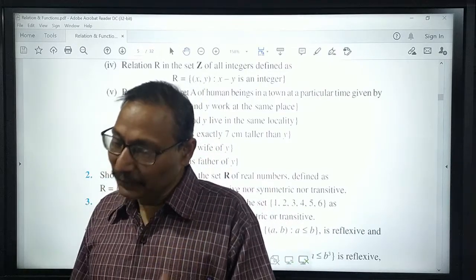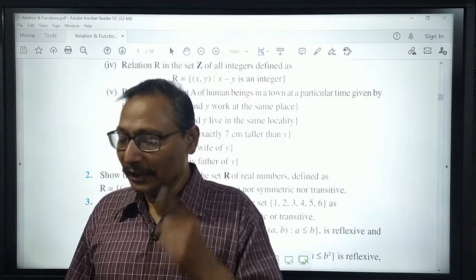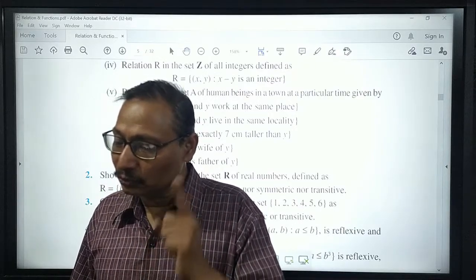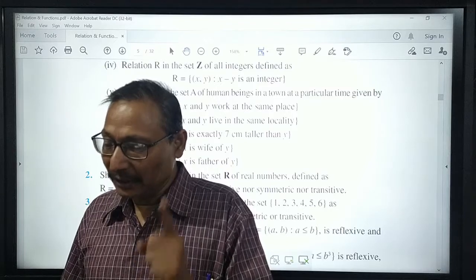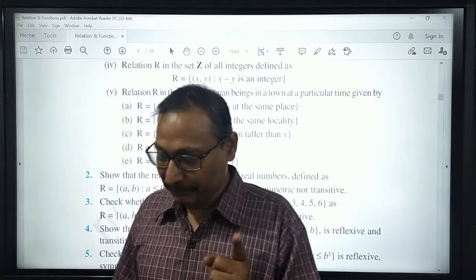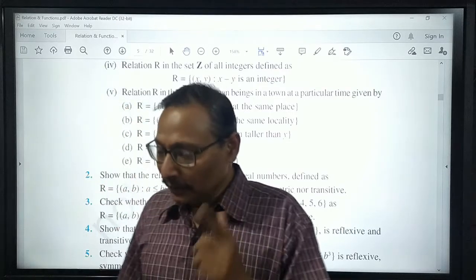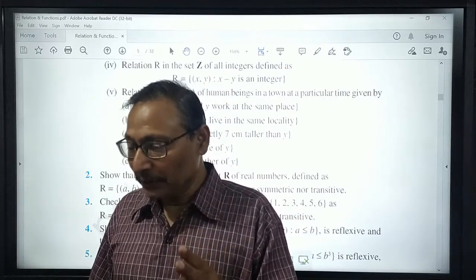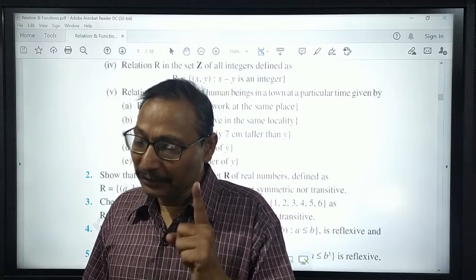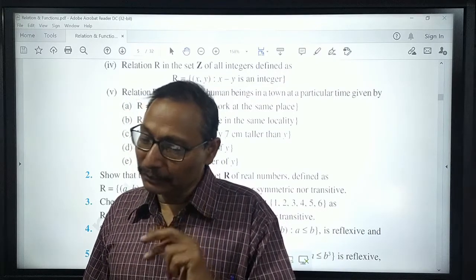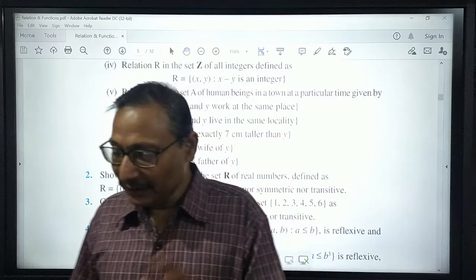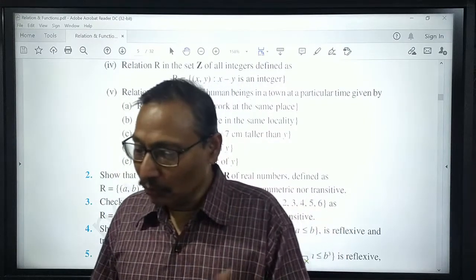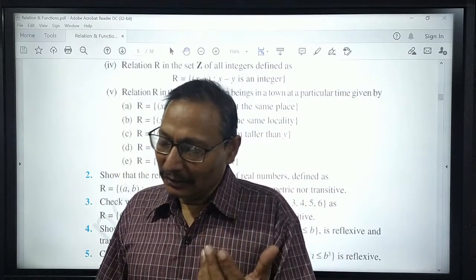But in the end of this discussion, I would emphasize my statement that when you are to show any relation reflexive, you need to pick an element from the given set. When you are in the process of showing any relation symmetric, you need to pick one pair from the given relation, and later on show the reverse of that one.